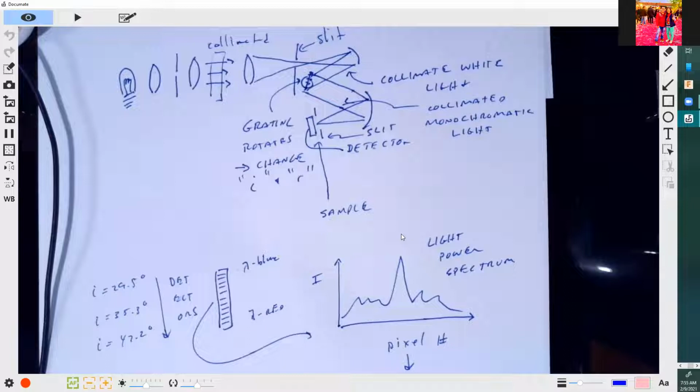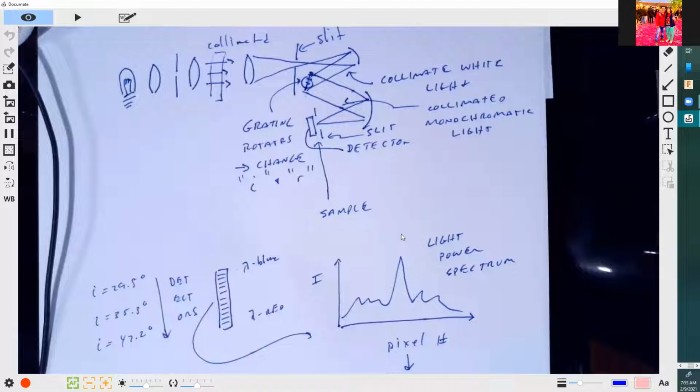Dr. Terrell, yes. For the rotating grating, the arrow shows the change. Is that an abbreviation for gradient? I'm not sure if I read it correctly. I think you're looking at grating. Oh yes, grating.